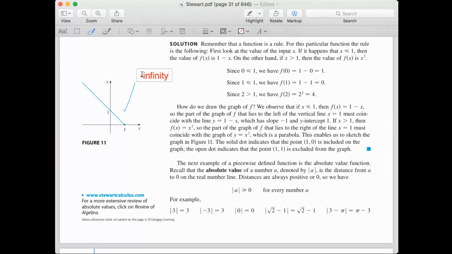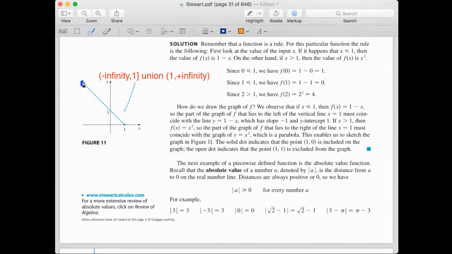From negative infinity up to 1 with a bracket, because 1 is in the domain. Then union another one. Then 1 is not in the second domain, up to positive infinity. Right? That's the domain of this function.